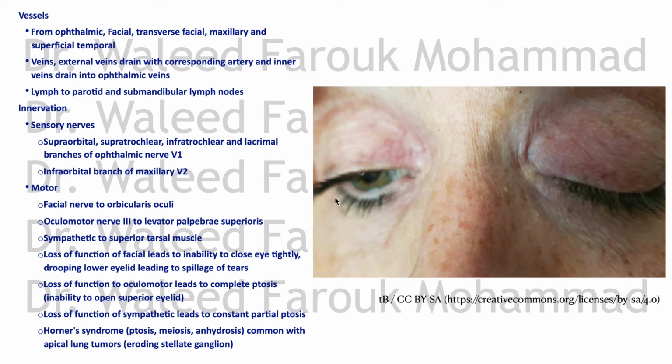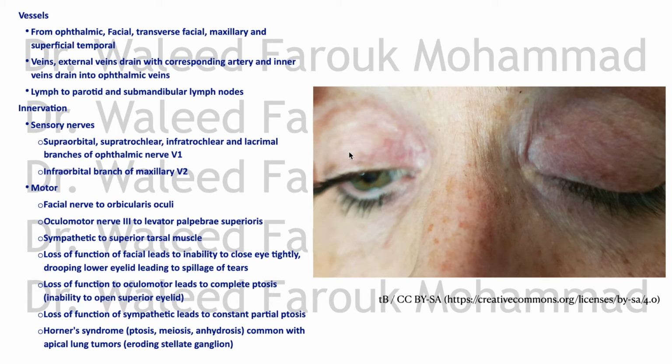So the sensory from the upper eyelid is through the ophthalmic, and the sensory from the lower eyelid is through the maxillary nerve, through its infraorbital branch. Remember this. The motor to the orbicularis oculi, we said, is the facial, and with paralysis in Bell's palsy, the patient won't be able to close the eye.